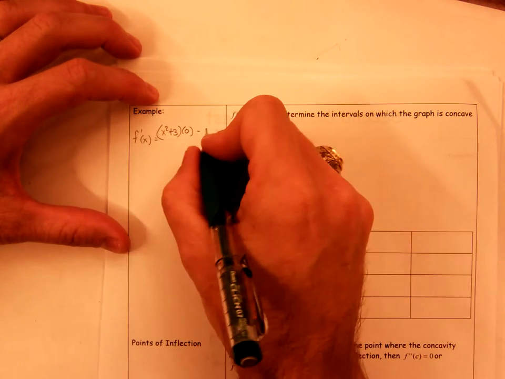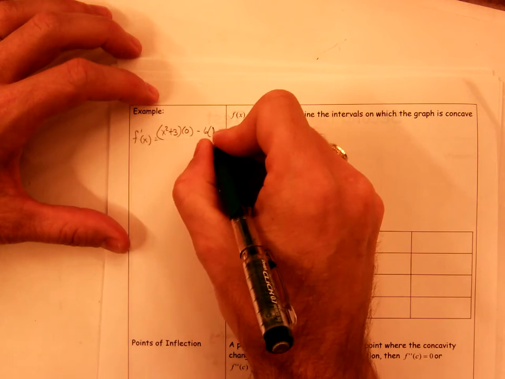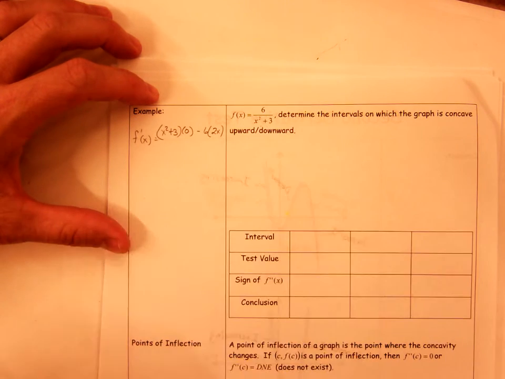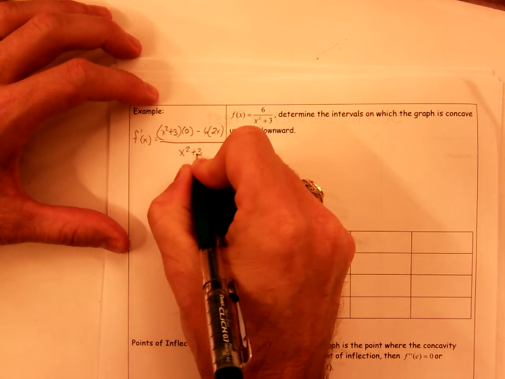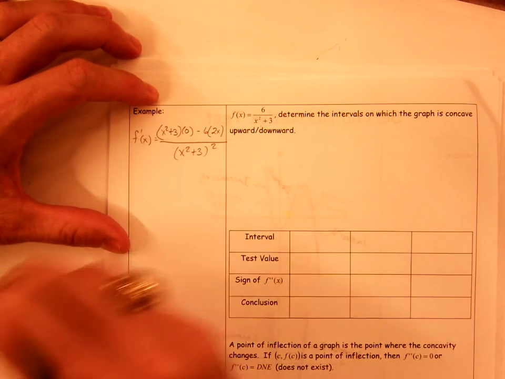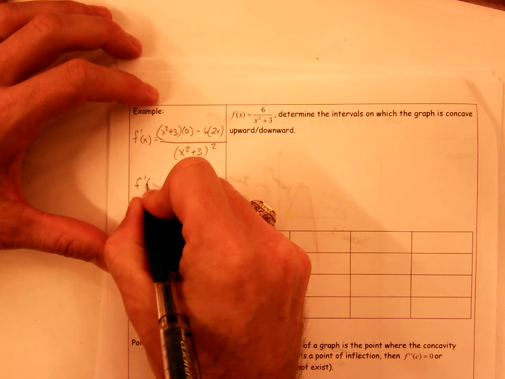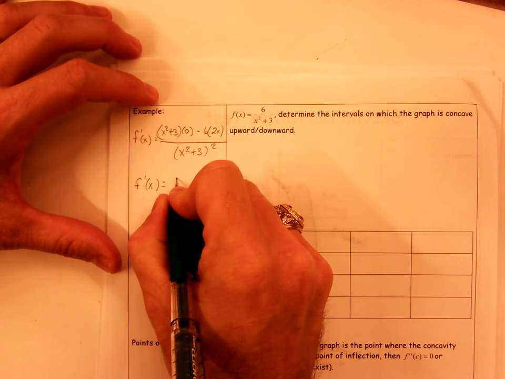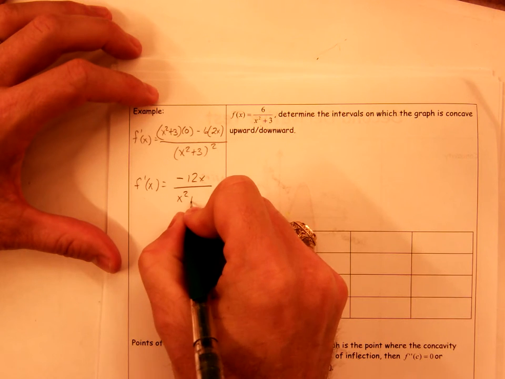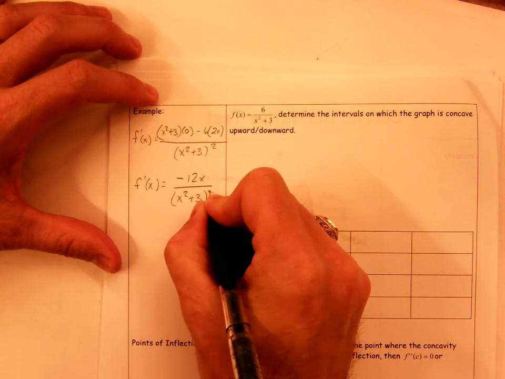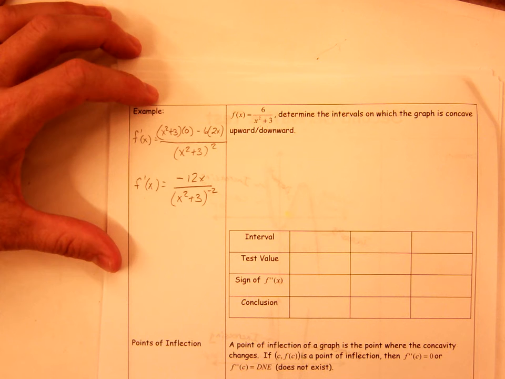Minus high d low, over low squared. Cleaning that up, the first derivative is equal to negative 12x over x squared plus 3 to the negative 2. Everybody good with that?